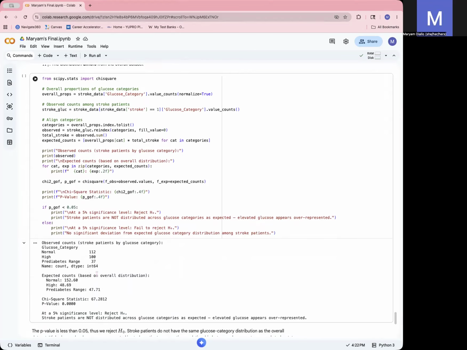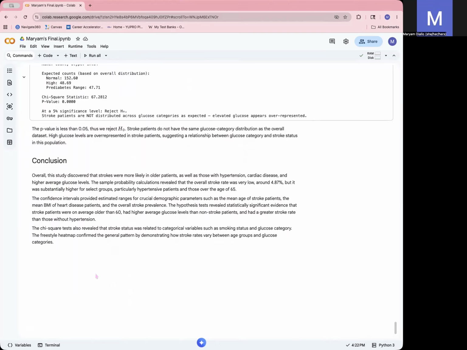And then to summarize, this analysis found a consistent pattern across every method that we used. Older people who have hypertension and high glucose levels were all associated with elevated risk factors for stroke. The confidence interval gave us an estimated range for key parameters.